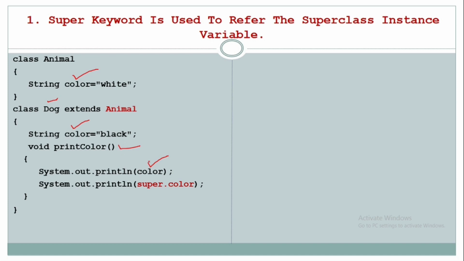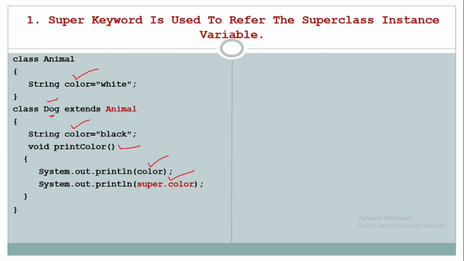Now how can I access the value of a superclass instance variable? Just by using super.color, I can access the instance variable of a superclass. So this is how I can access the instance variable of a superclass using the keyword super in its subclass.